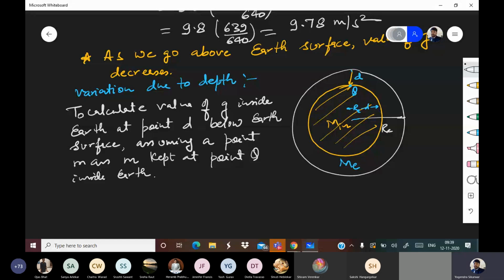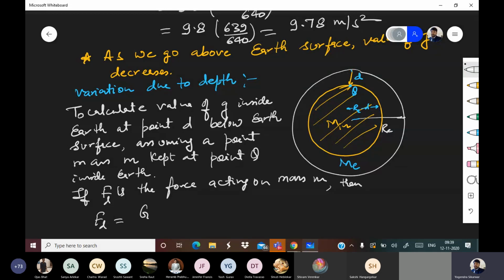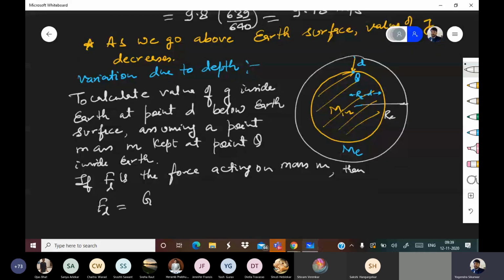If Fd is the force acting on mass m, then Fd will be nothing but G M in into small m upon RE minus d whole square.